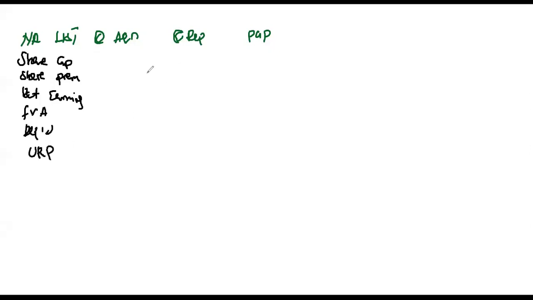So say share capital was 90 million, and at reporting date also 90 million. Share premium we had 20, here also we have 20. Retained earnings we opened with 30 and closed with 70.